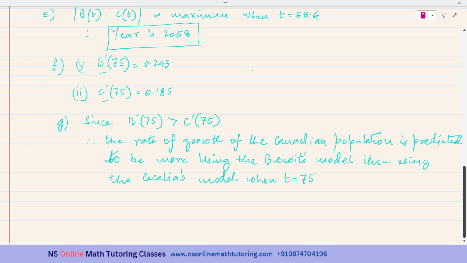Okay. Using Benoit's model, we are seeing that the rate of growth is 0.243, and using Cecilia's model, it is 0.185. So it is predicted to be more using Benoit's model.